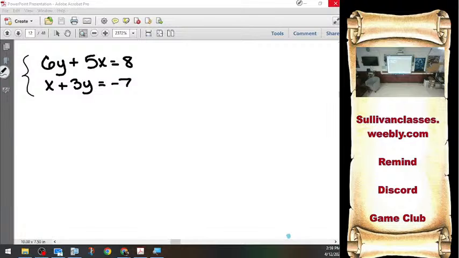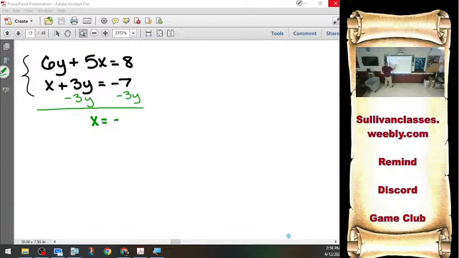Where'd this extra negative come from? It's a minus. Yeah, but positive 5 times -3y is just -15y. Okay. We said that we were going to get x by itself.